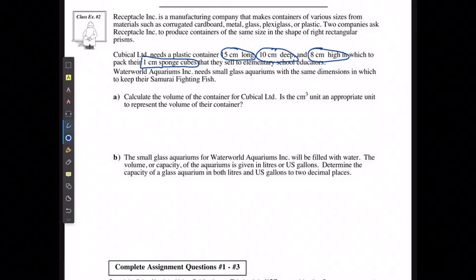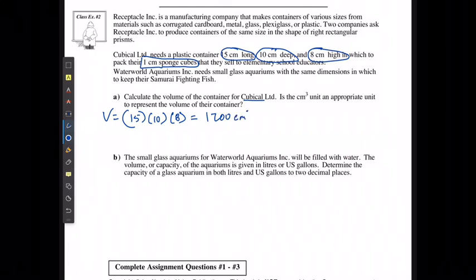So the first thing, calculate the volume of the container for Cubicle Limited. If I have the dimensions of 15 by 10 by 8, then 15 by 10 by 8 gives 1,200 centimeters cubed.